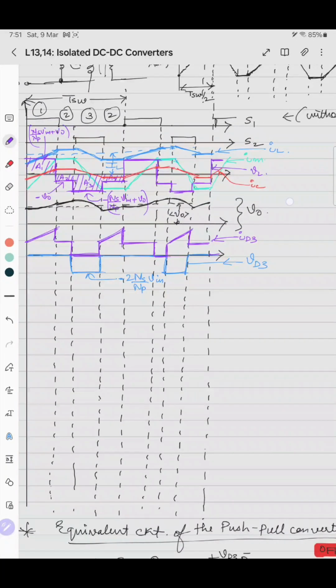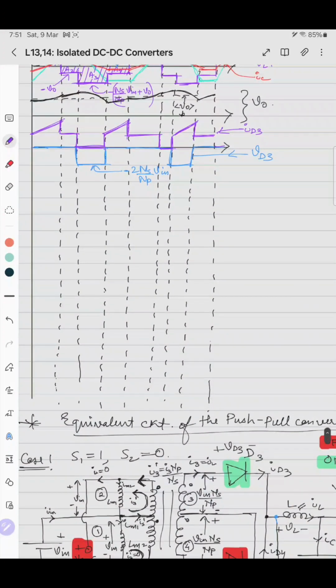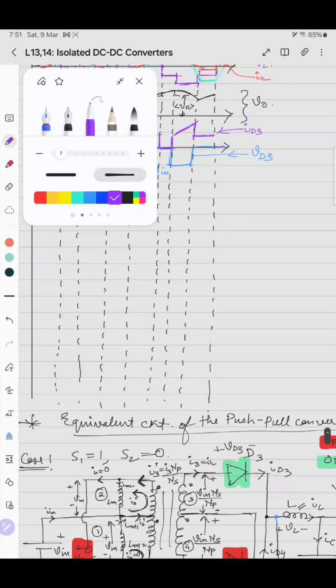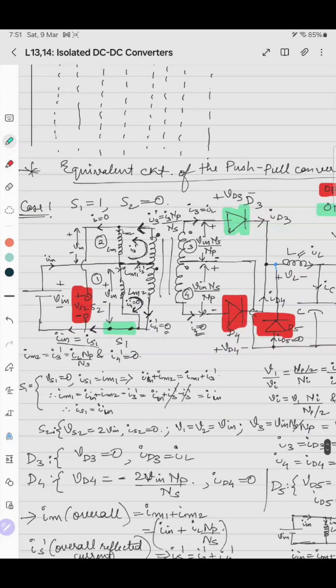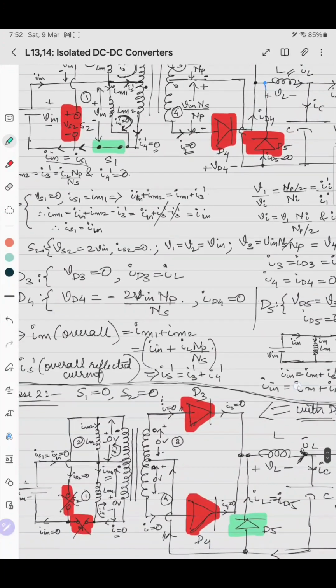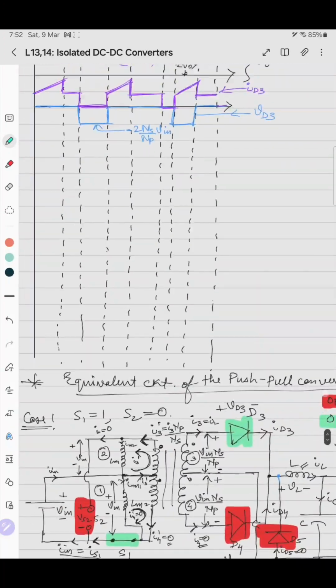Now we'll draw the waveform of D4 diode. We'll see if we can draw here only. Okay, we'll draw on the same thing. So voltage across diode D4, VD4. In first case it is off, so it is 2 into ns by np v. Case 1 the diode is off, and then it is on, on, off, on.